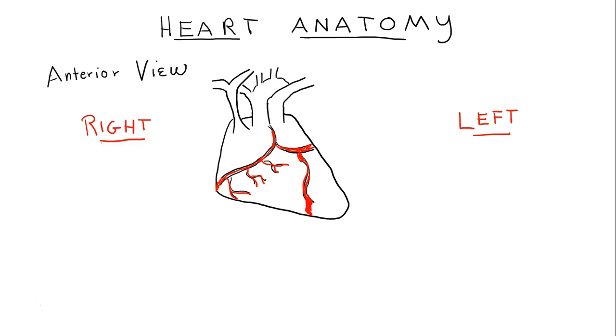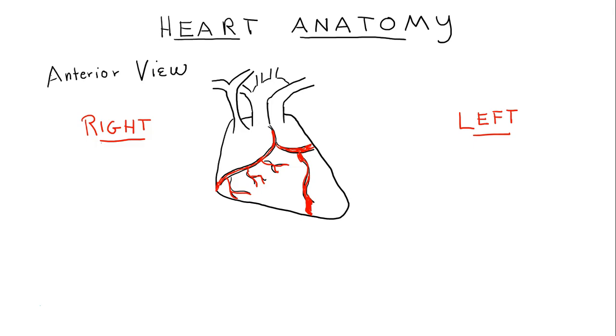And the thing you have to realize about looking at the heart from an anterior view is that if the person is looking back at you, then the right side, or their right side, is on your left, and their left side is on your right. And that's going to be true of any anatomical drawing that you see.